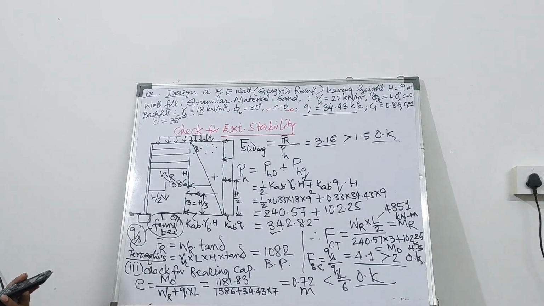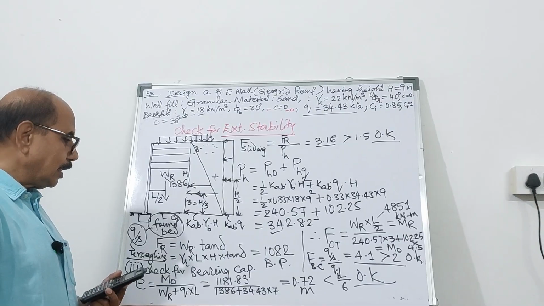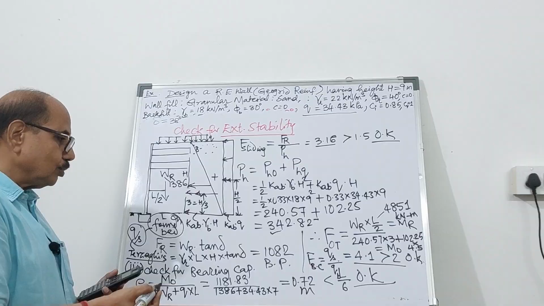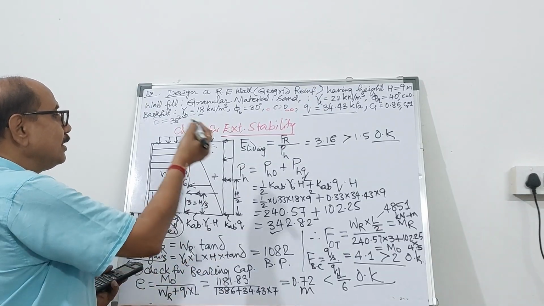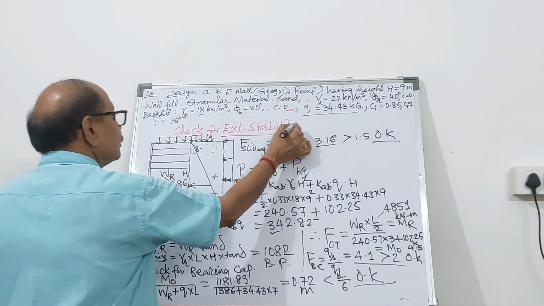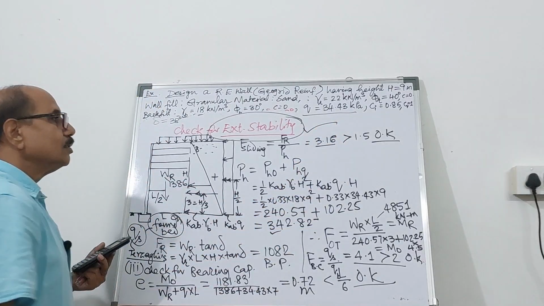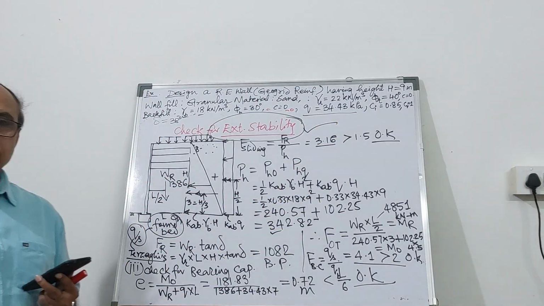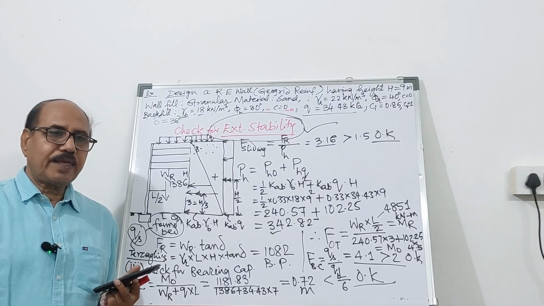So bearing pressure, you can calculate it very easily, and the ratio should be greater than 3. So with this, we have completely solved this design problem of RE wall.